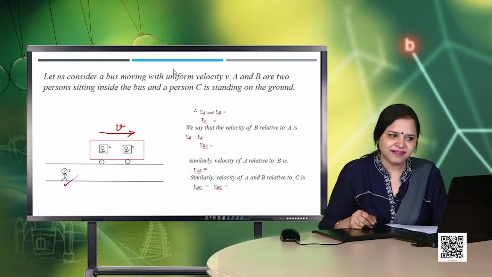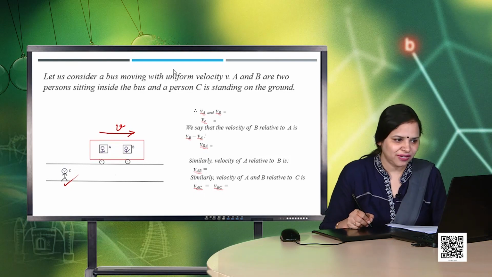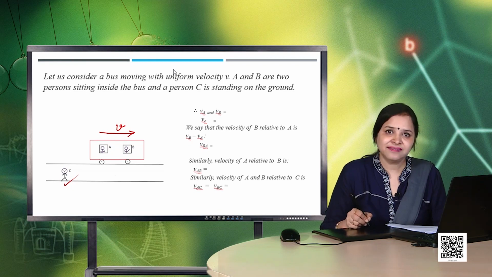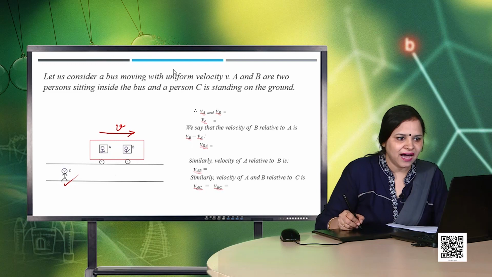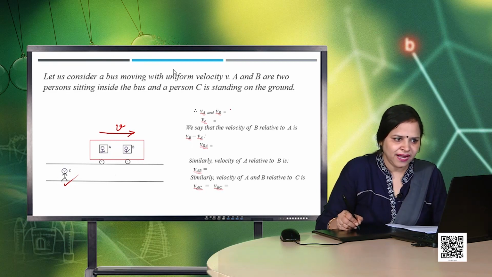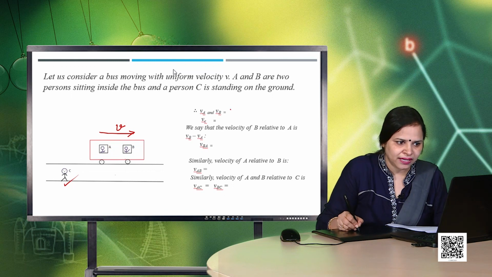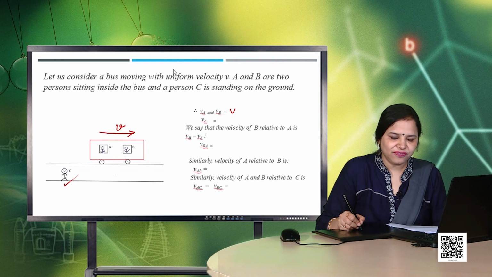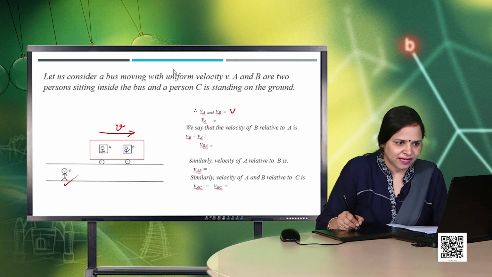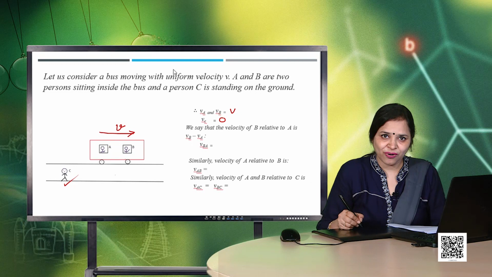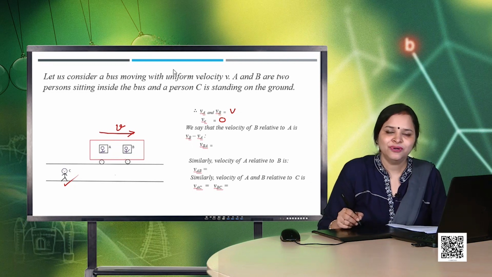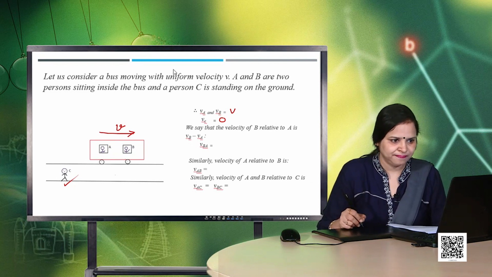Since the bus is moving with velocity v, we can consider that both passengers A and B sitting inside the bus are moving with the same velocity. So we can write that VA and VB both are equal to v, whereas the velocity of C, that is VC, is equal to 0, because this is the velocity of the person standing on the ground.